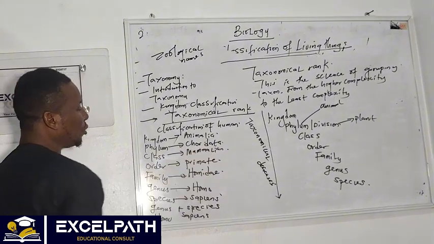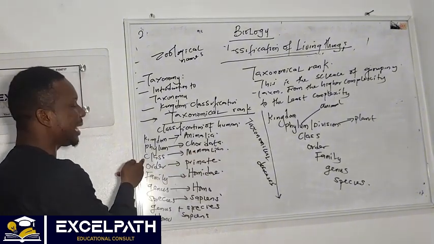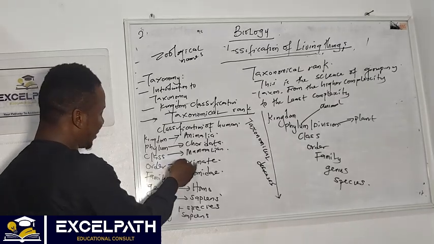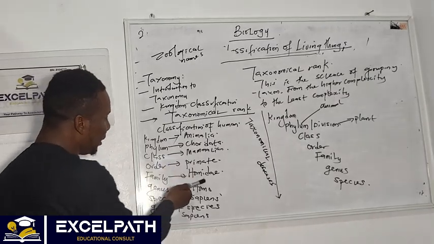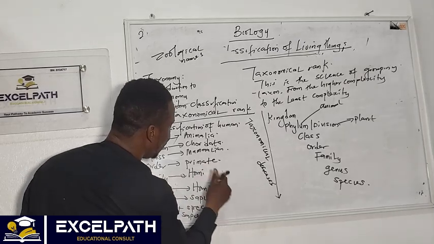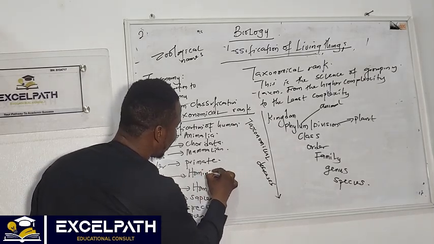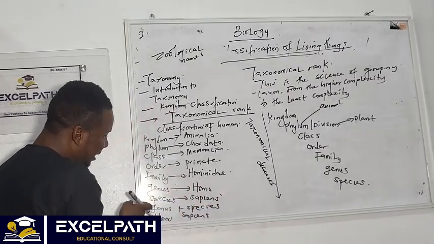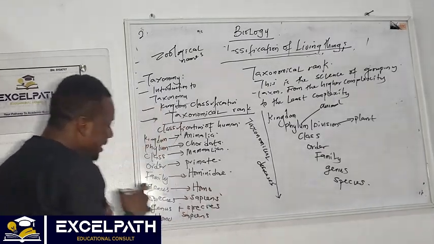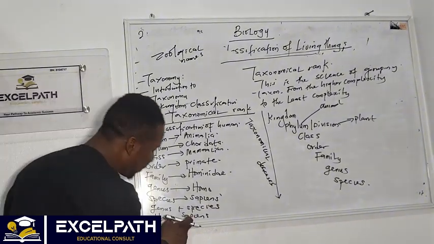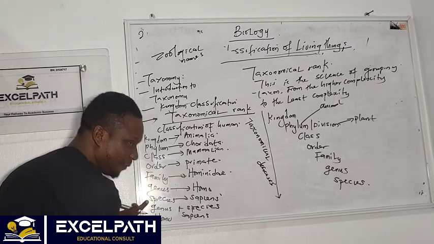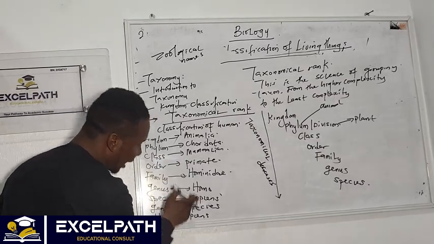Our phylum name is Chordata. We belong to the class Mammalia. Our order is Primates. Our family name is Hominidae. Our genus name is Homo. Our species name is sapiens. Our scientific name is Homo sapiens, gotten from the combination of the generic name and specific name.